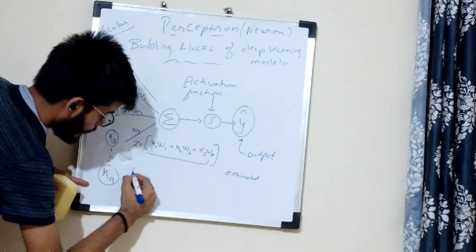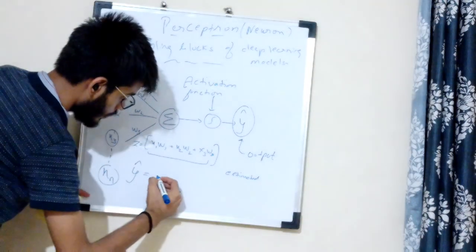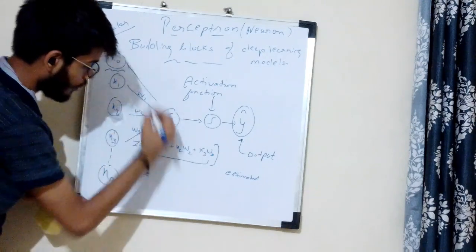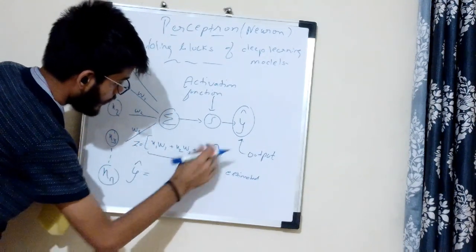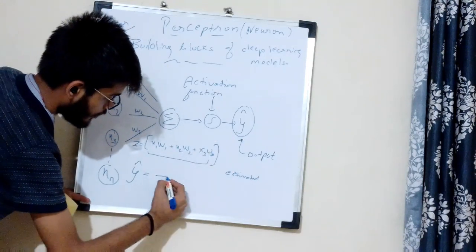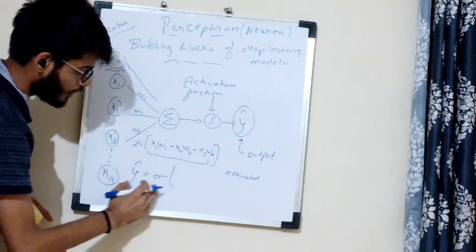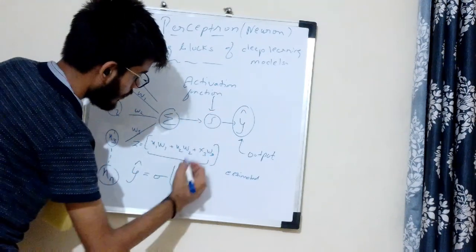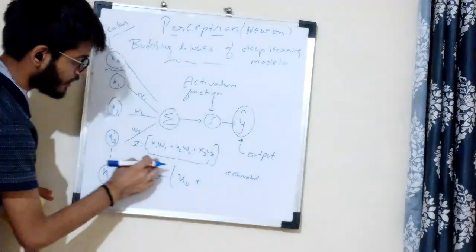So y hat is equal to the activation function, and we pass everything inside it: x naught plus this entire term.